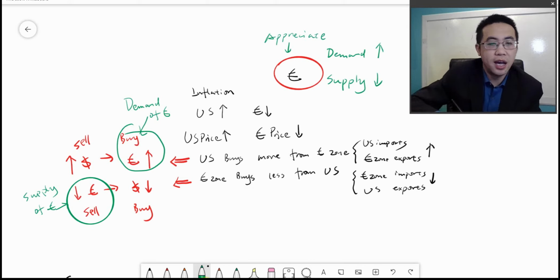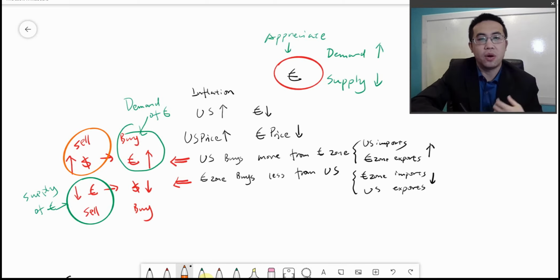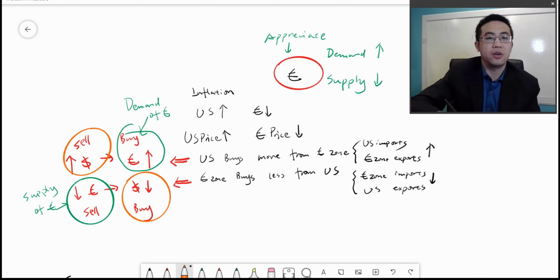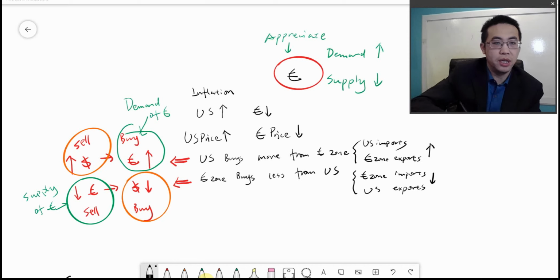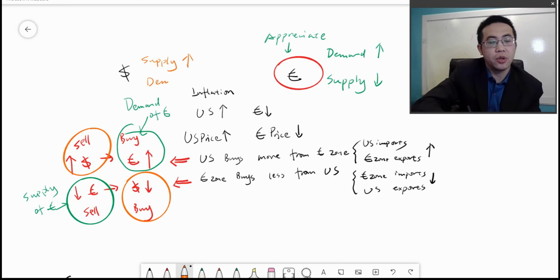You can do the same analysis if you're looking at the US dollars. The supply of dollars increases because we are buying more, so we're providing more dollars in the exchange market. And the Europeans are buying less, so they need fewer dollars in the exchange market. So for US dollars, the supply would go up and the demand would go down.